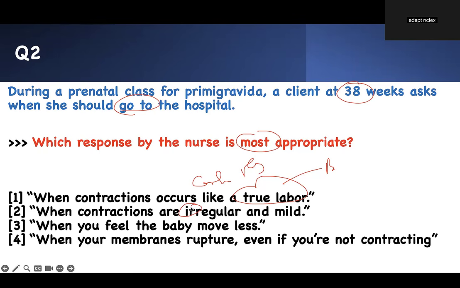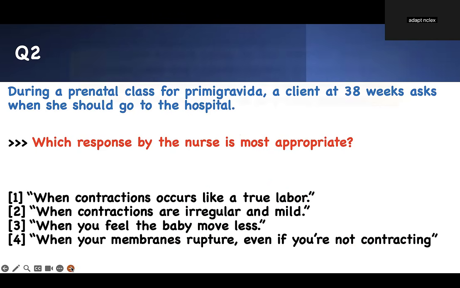So if you have contractions every 5 minutes within an hour, then you are in true labor. You should come to the hospital. Feeling the baby move less is not evidence of labor to come to the hospital. Therefore, the right answer is if your membranes rupture, even if you're not contracting, because of the risks of cord prolapse and infection, you should come to the hospital. Therefore, number 4 is the right answer.